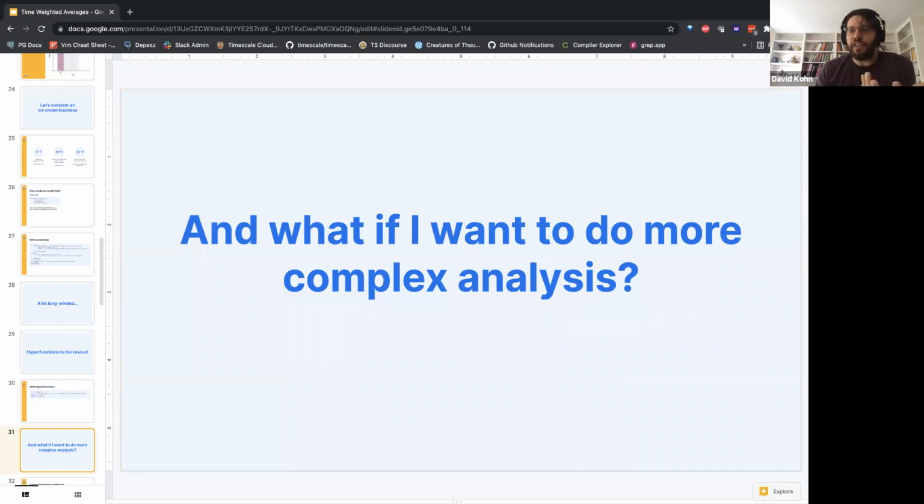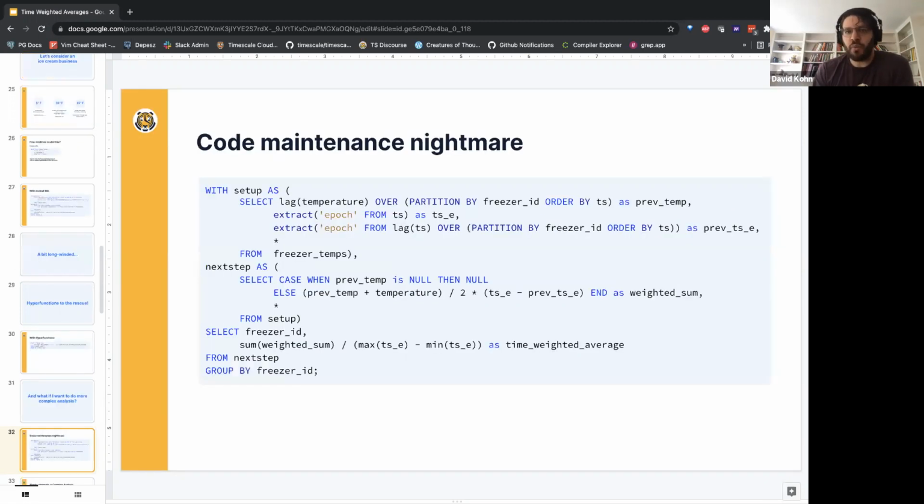And a lot of the reason for that is if I want to then build up more complex analyses on top of that, if I start with something like this, it becomes just a code maintenance nightmare, right? The person who comes along behind me and is trying to figure out what the heck is going on when I've written out this large thing, unless I've really documented it nicely, they're not going to know what to change in order to then build something more complex on top.